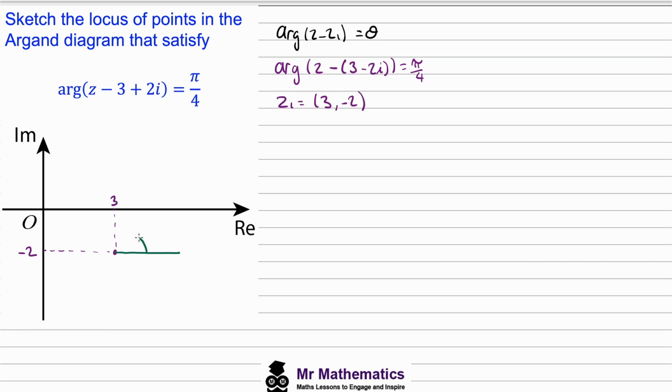So approximately here, we'll label this as pi over 4. So we know that with general complex number, z could be at any point along this half line, but it cannot be equal to the point 3, negative 2, because then the angle wouldn't be pi over 4, it would be 0.